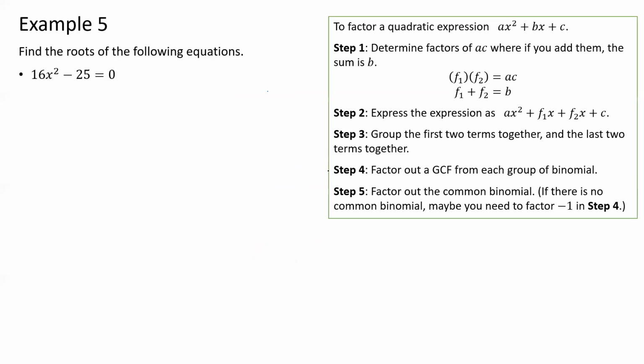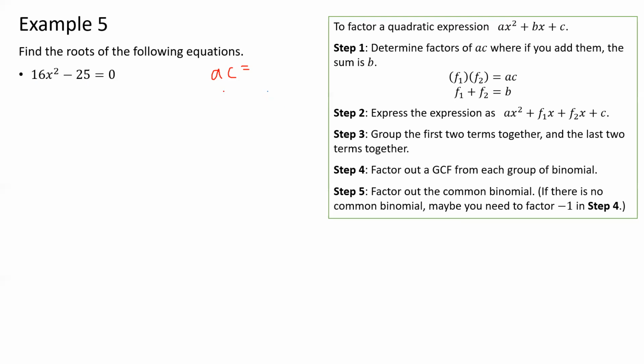Let's try another example. When we have 16x squared minus 25. So again, we want to determine AC, and our AC here is 16 times negative 25. It's pretty huge, right?